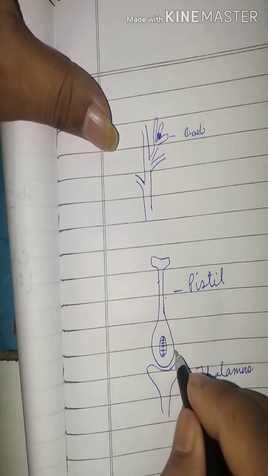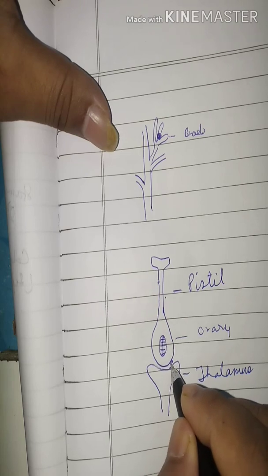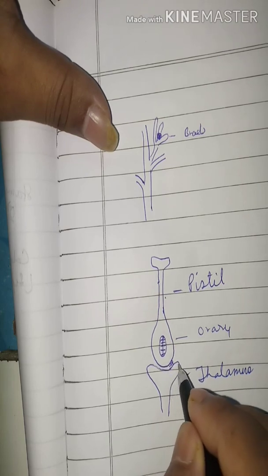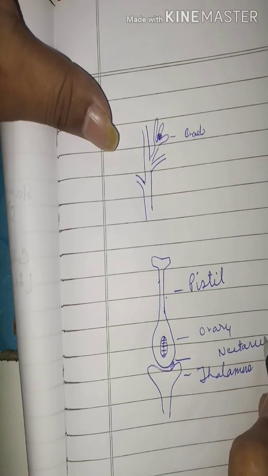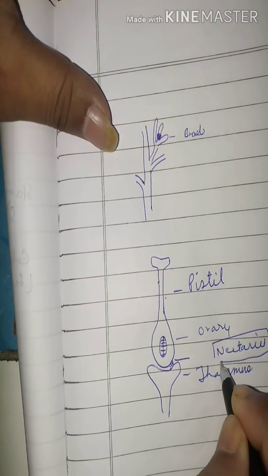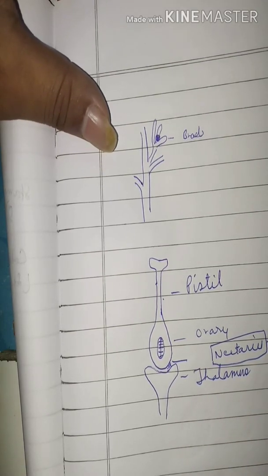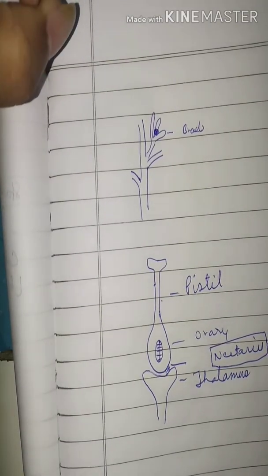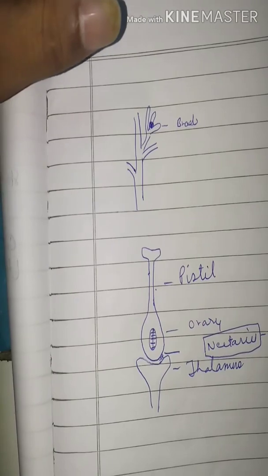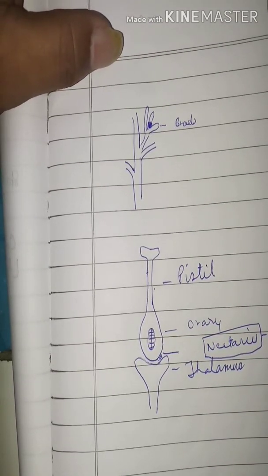At the base of the ovary, some cells aggregate. These cells are known as nectaries, which secrete nectar, so-called honey, and this is one of the nutritious foods for the insect. That's why insects land on the flower, and the insect helps in the process of pollination.